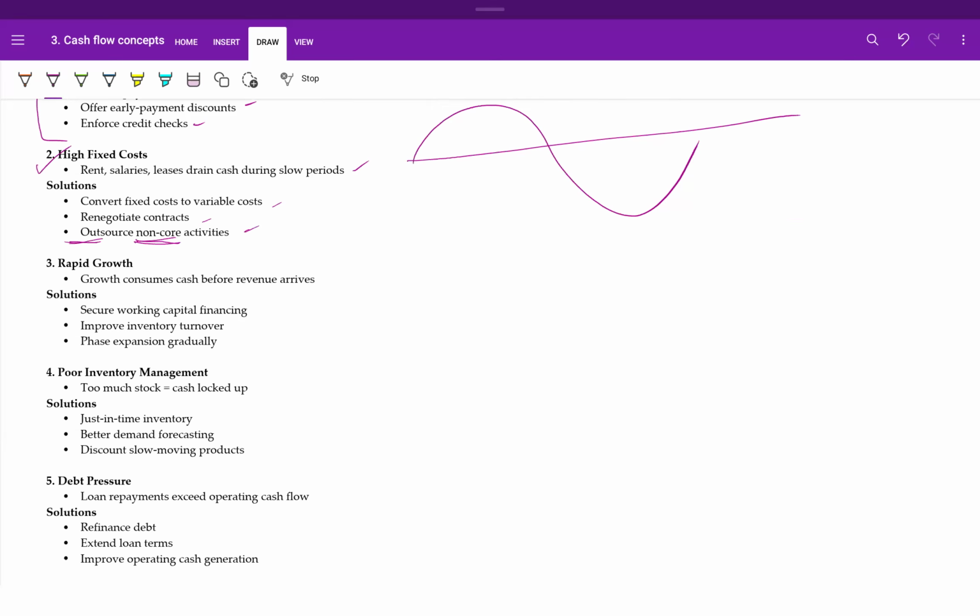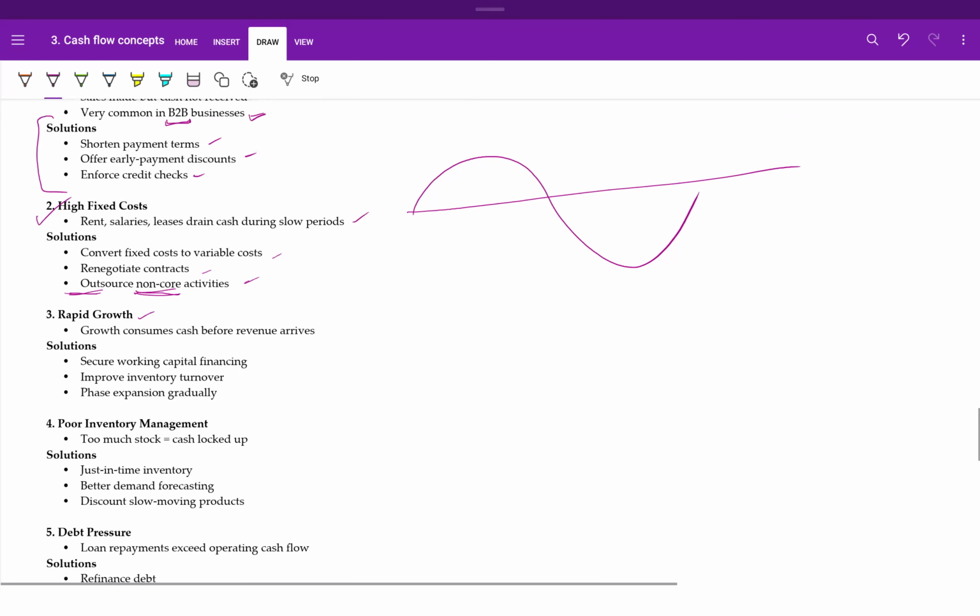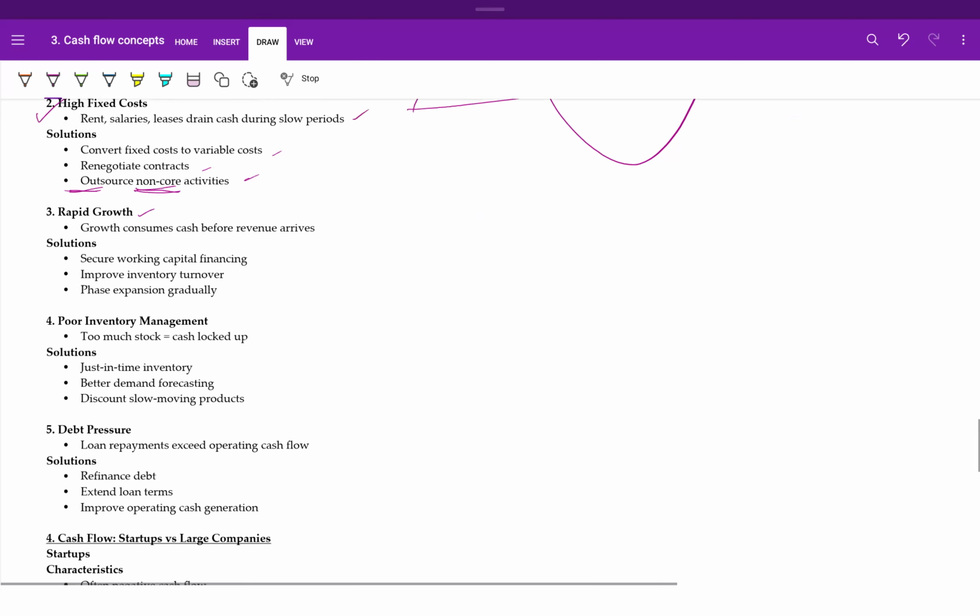And rapid growth also is a problem when it comes to cash flow. So rapid growth often causes cash problems because growth consumes cash before revenue arrives.